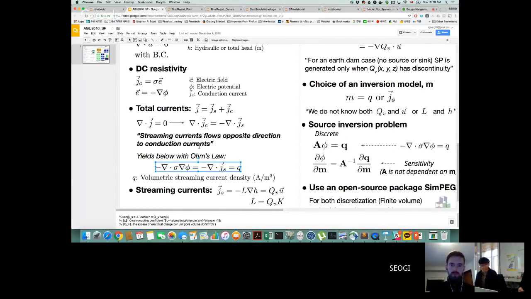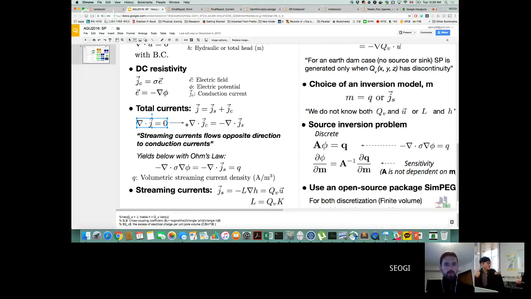Sorry, can you run that by me again? When you say conduction current, is that following the fluid flow? No, the conduction current is actually moving charges. Moving charges, yeah. So that would be due to the flow of water, right? Yeah, it's induced by this, but they exist together coincidentally.